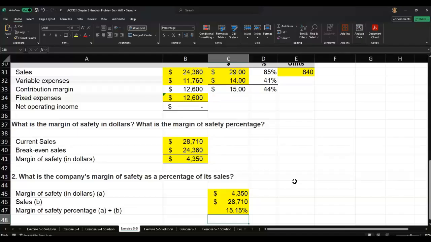You with me? So if we've got something along the lines of a 15% margin of safety, that's okay. I'd like to see more.